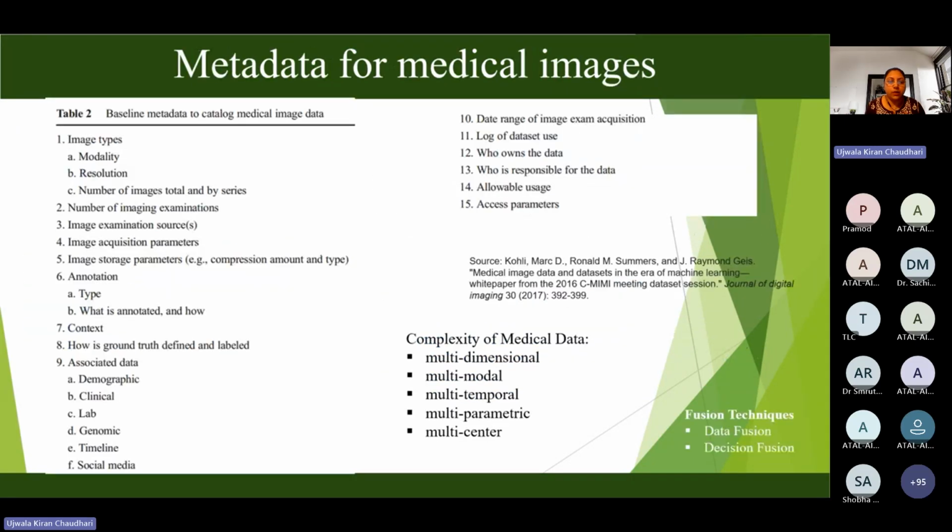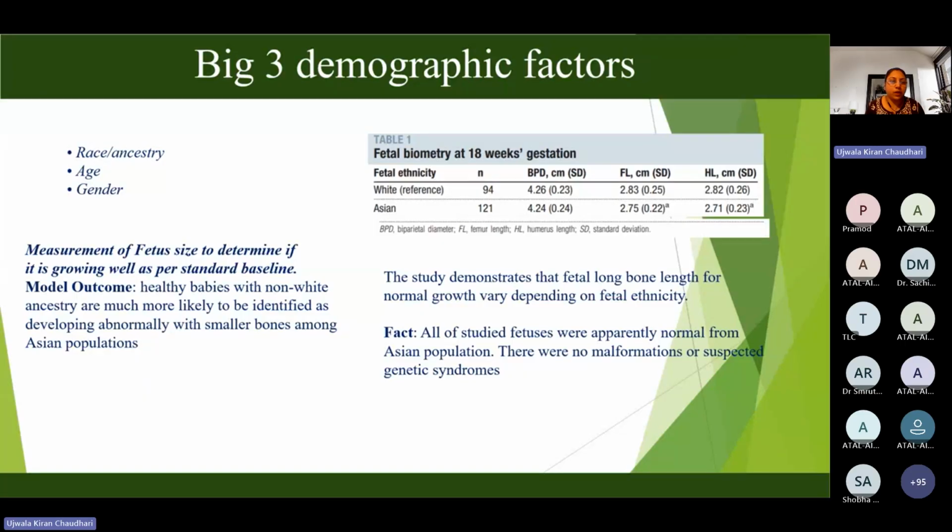Here there are some aspects we need to take care of, like demography. These are important factors which influence the result of your medical analysis, for example race or ethnicity, the demography, the age, and then the gender.